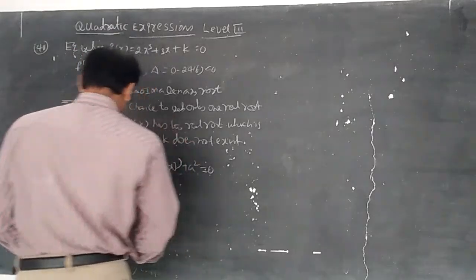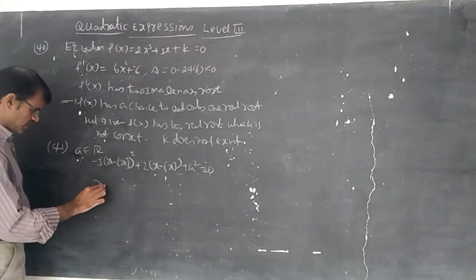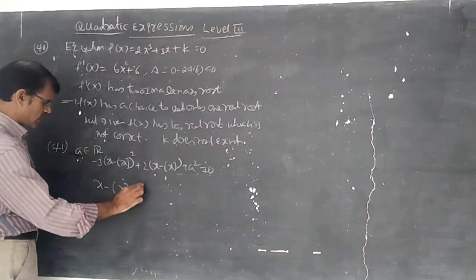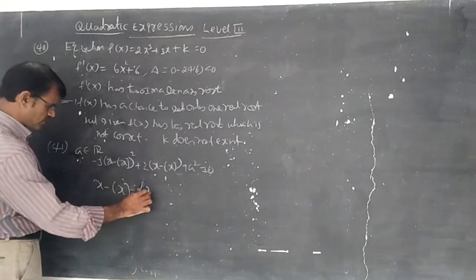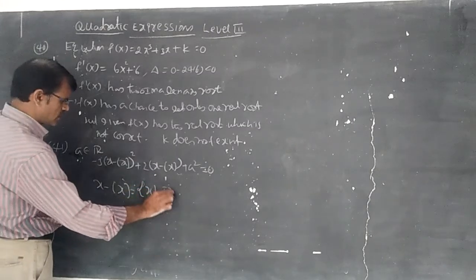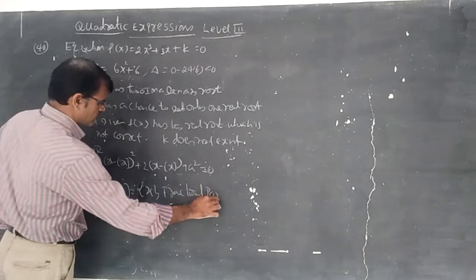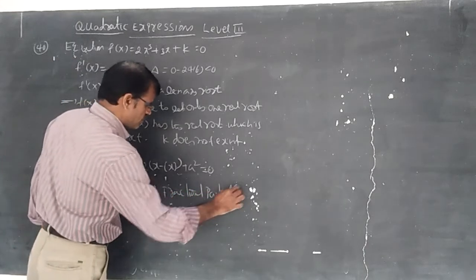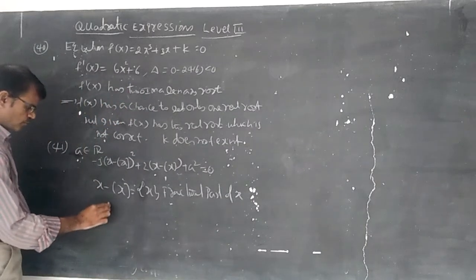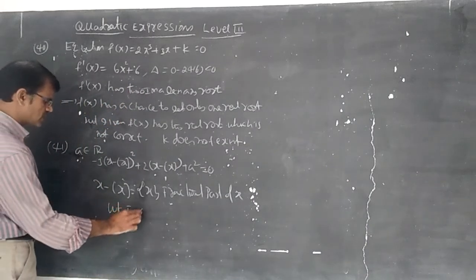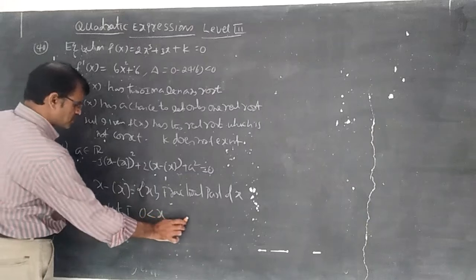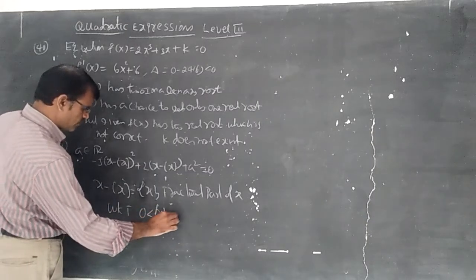First of all, x minus [x] we can understand as the fractional part of x, notation flower bracket. It is called the fractional part of x. We know that any fractional part lies between 0 and 1.